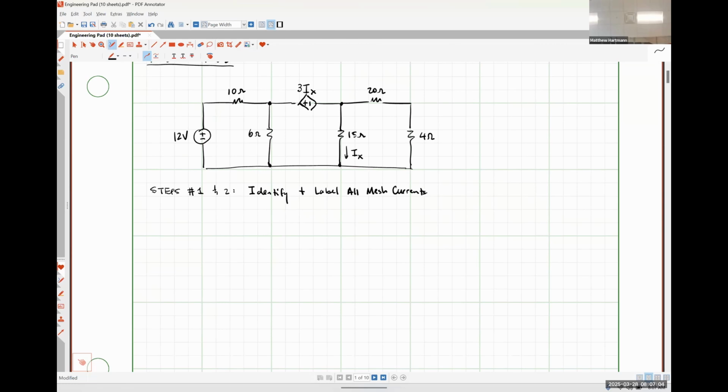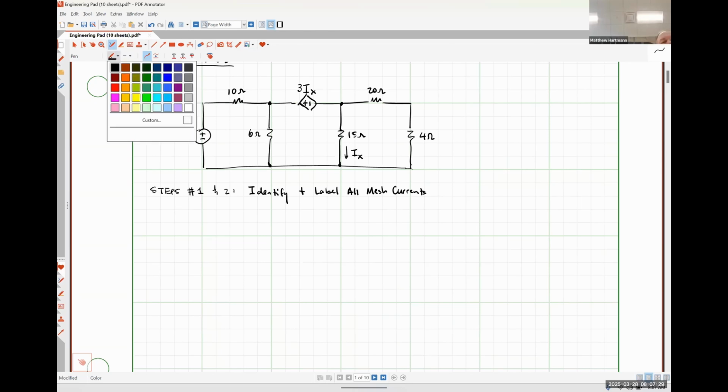So on the very first day of class, we talked about what a definition for a mesh is. A mesh is just any closed loop which can't contain any smaller closed loops. So in this case, all 3 of these little squares would be considered our meshes, and I am just going to assign a mesh current to each of those.